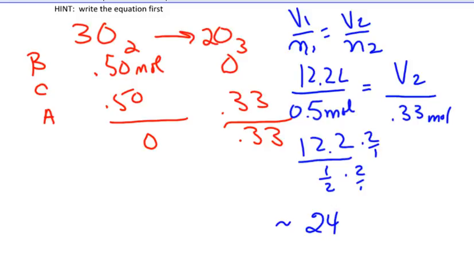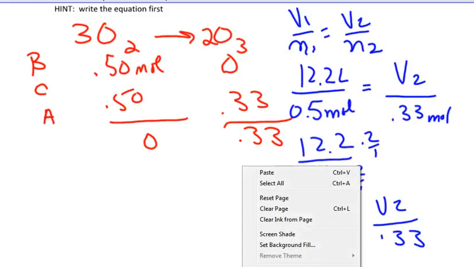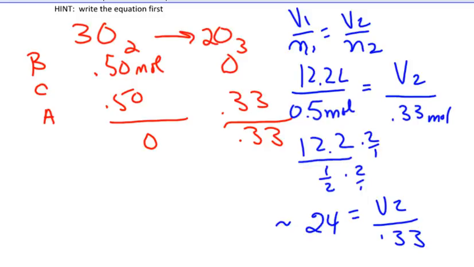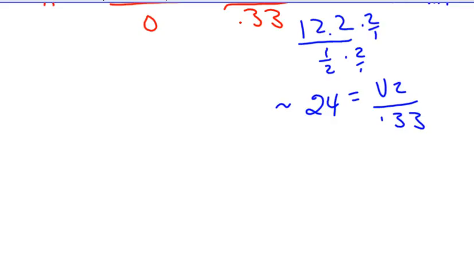That's equal to V2 over 0.33. What do I know 0.33 is? A third. So V2 is really roughly a third of 24, which I know is 8. If you do your actual math using your calculator, don't you get 8.1 with 2 sig figs? Yes, you do. I'm awfully close.